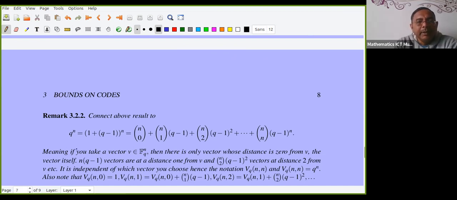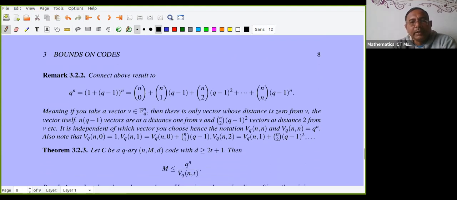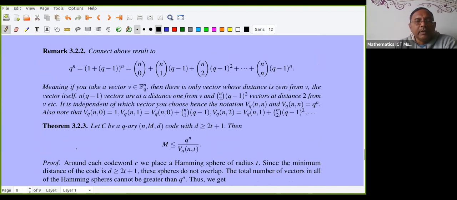If a vector v belongs to F_q^n, then there is only one vector whose distance is 0 from v, so V_q(n,0) equals 1. That is the volume of the ball with distance 0.